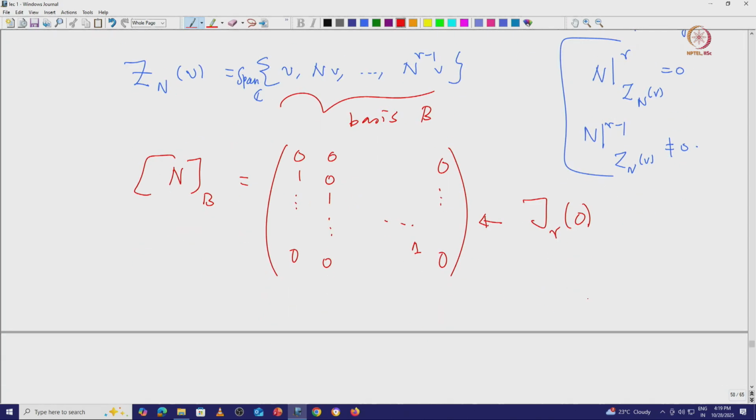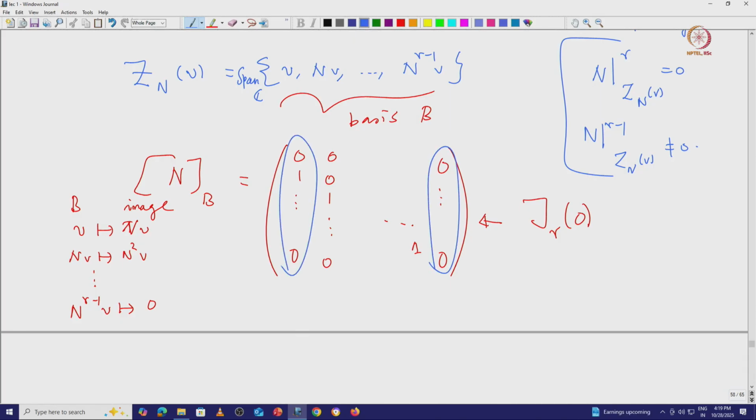This just follows from the fact that v is mapped to Nv and then Nv is mapped to N square v and so on. These are all the basis elements. I am looking at the image, and finally, N power R minus 1 v is mapped to 0. So that is why you are getting 0 here and then 0 1 0 0 etcetera here.